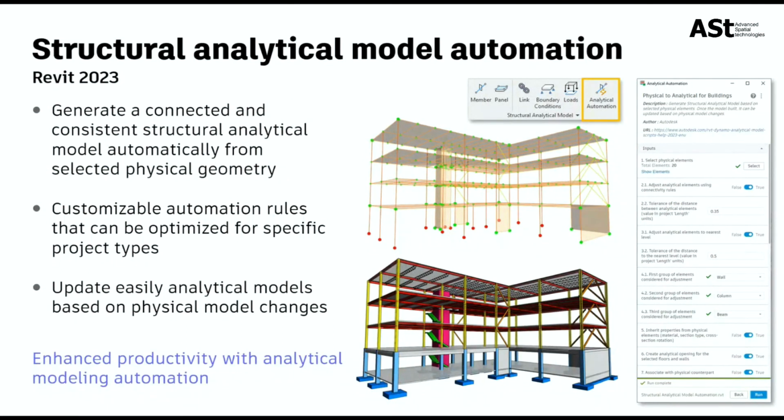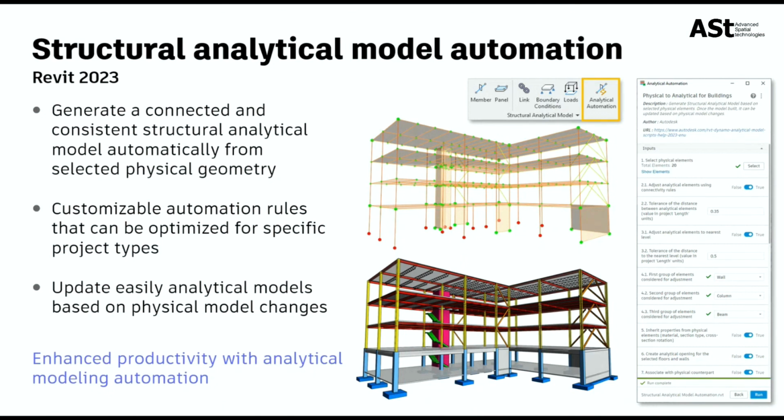2023 also introduces the structural analytical model automation. So this tool will enable you to generate a structural analytical model automatically from selected physical geometry, and it offers many options for customization. This tool ensures that the automatically created model remains constant and connected, eliminating the need for tedious corrections.